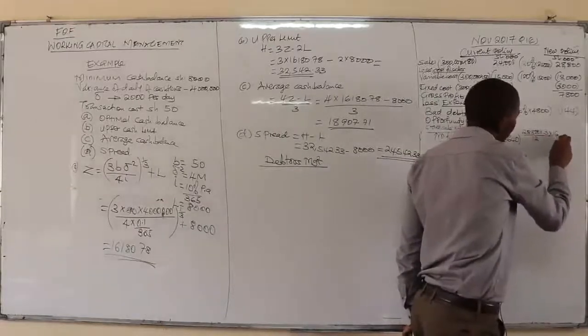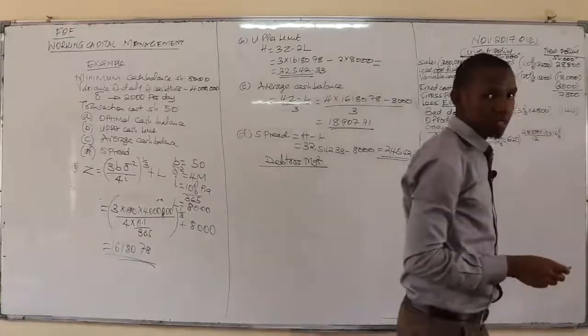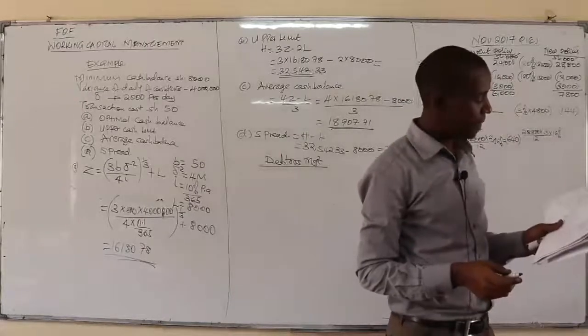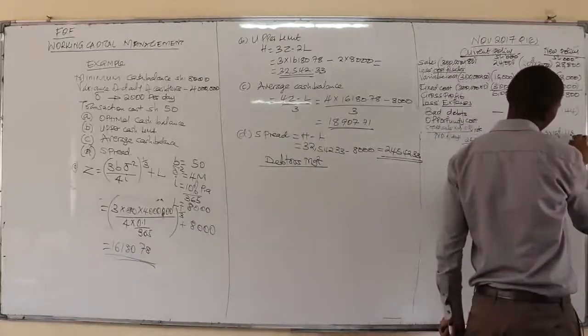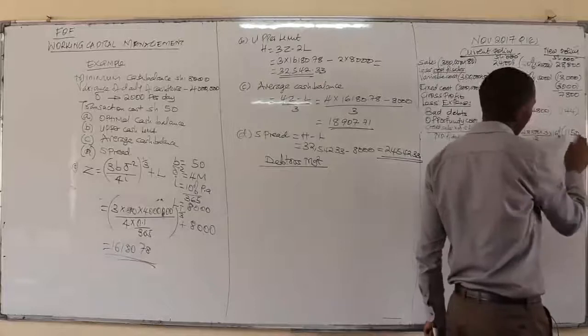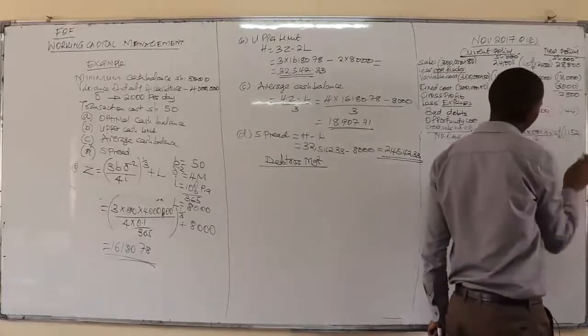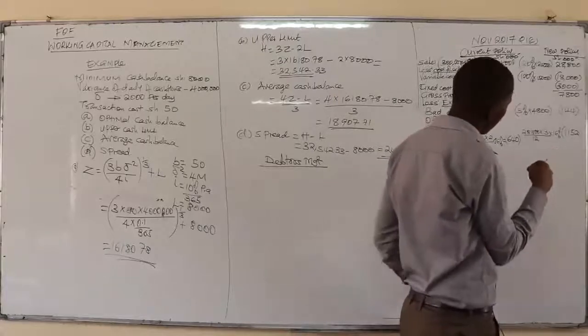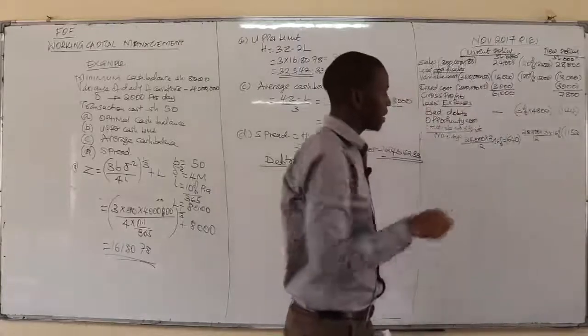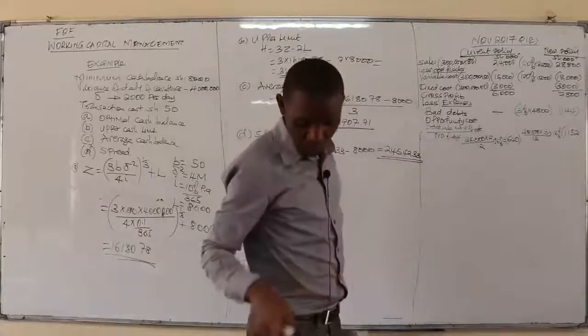Then you multiply by 16 what? Percent. It gives you 1152. Are we together?